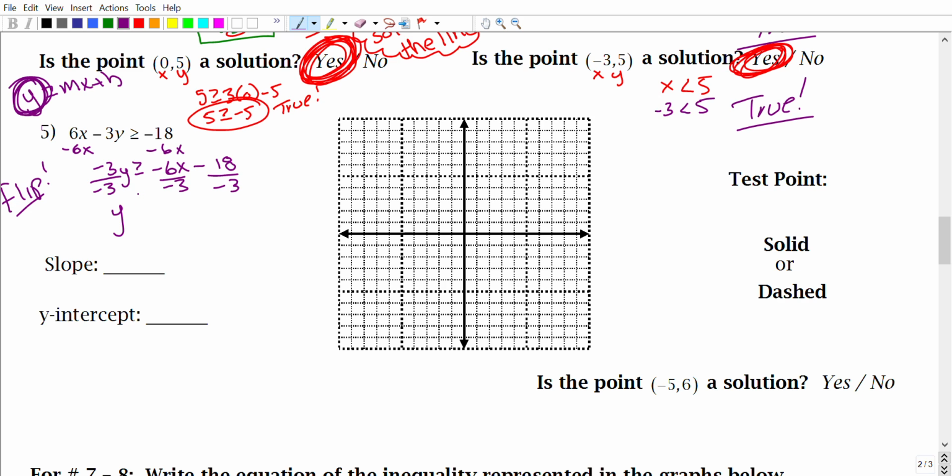So this is going to be y is now instead of greater than or equal to, it's going to be less than or equal to negative 6 divided by negative 3 is a positive 2x and a positive 6. Now we can identify our slope and our y-intercept. This is my slope. This is my y-intercept. So my slope is 2 over 1. Y-intercept is (0, 6).